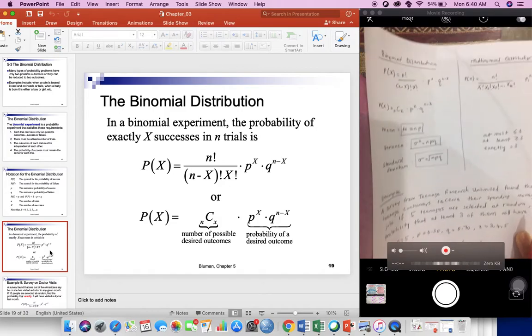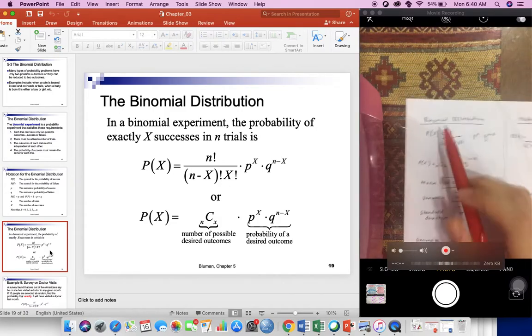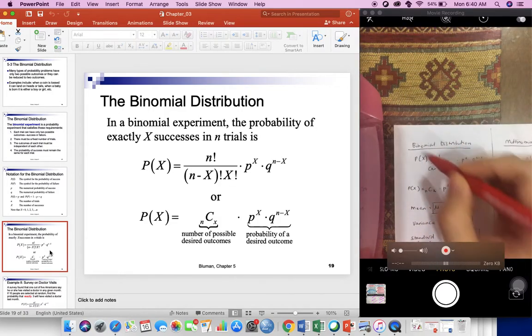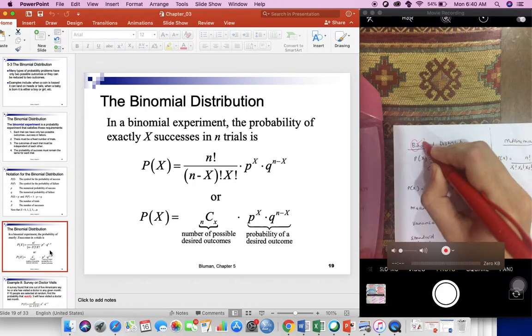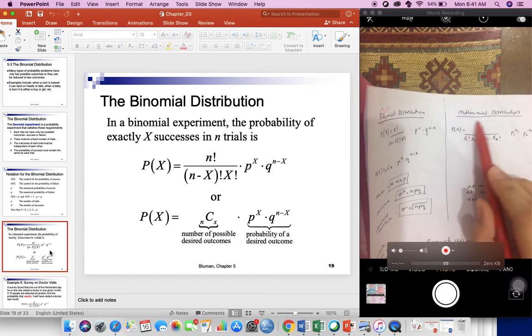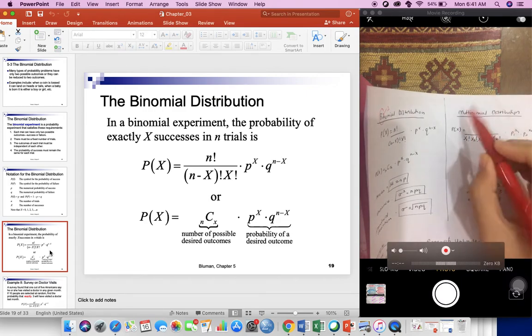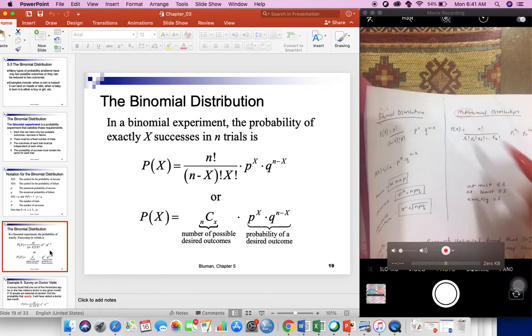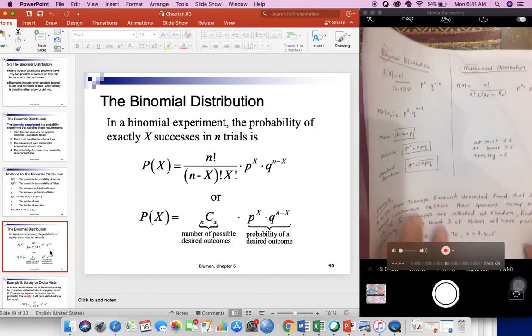Okay, so binomial distributions, here we have bi, bi meaning 2. Apart from the binomial distribution, we also have multinomial distributions. Multi means many.